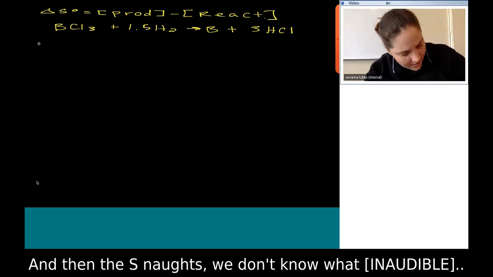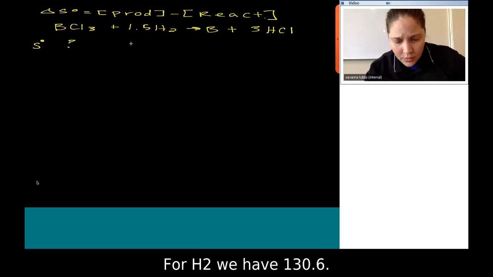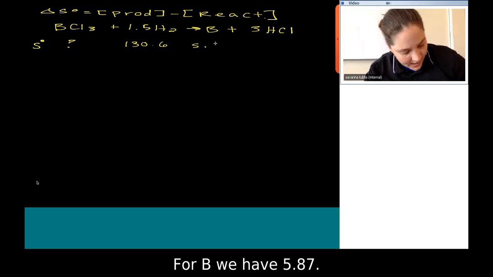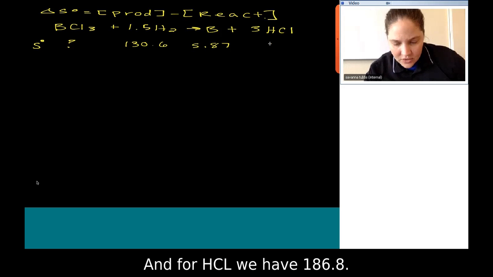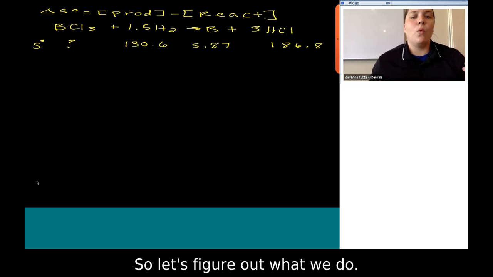And then the S naughts, we don't know what BCl3 is, that's what we're looking for. For H2, we have 130.6. For B, we have 5.87. And for HCl, we have 186.8.